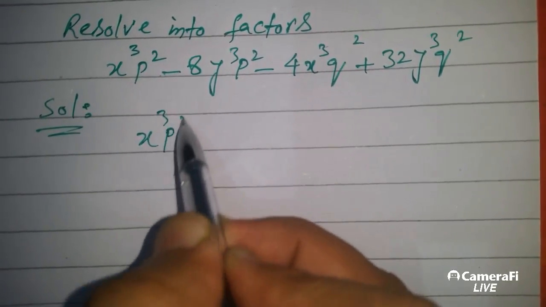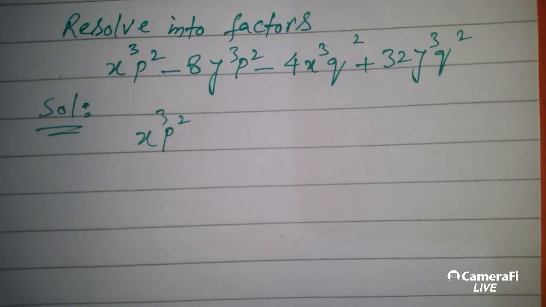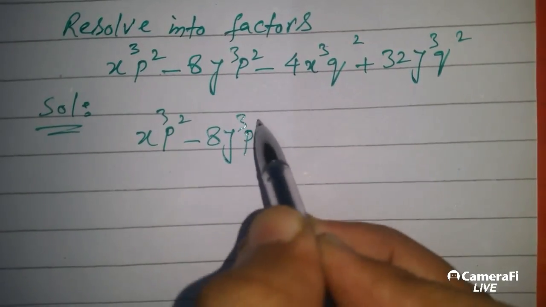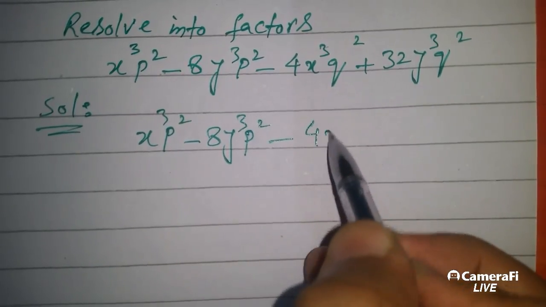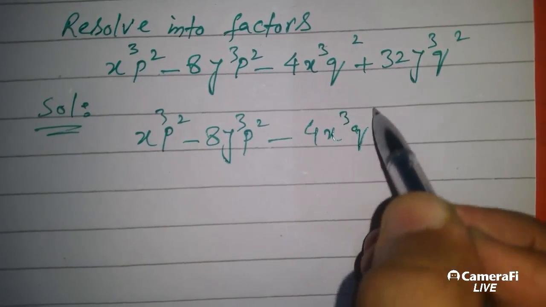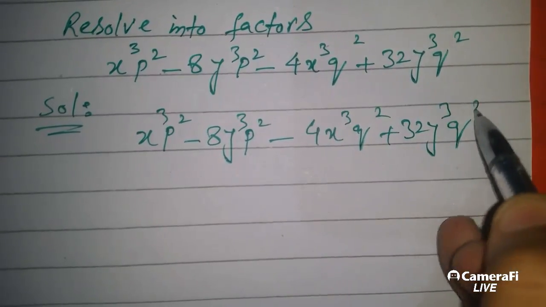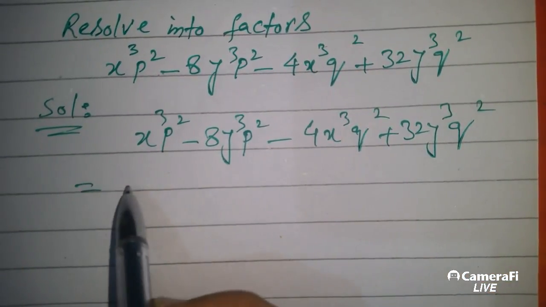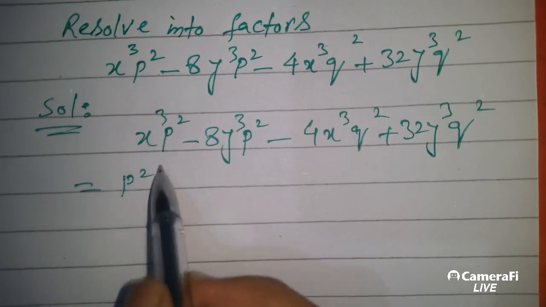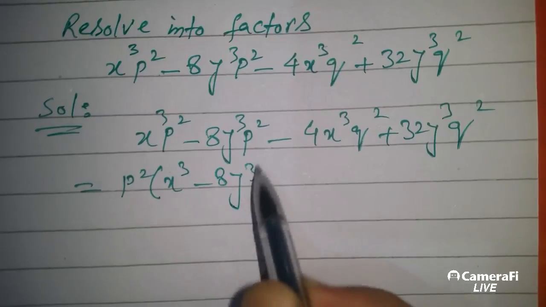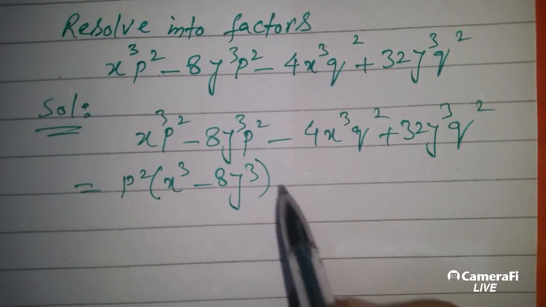x cube p square, just combining the terms. If we take p square as a common factor from here, what we get is this.